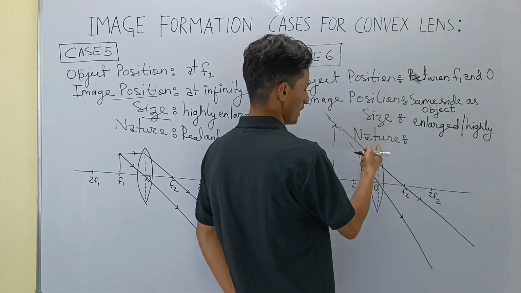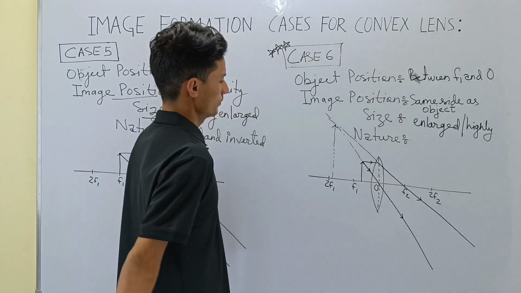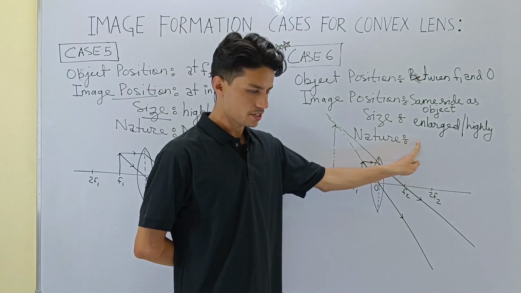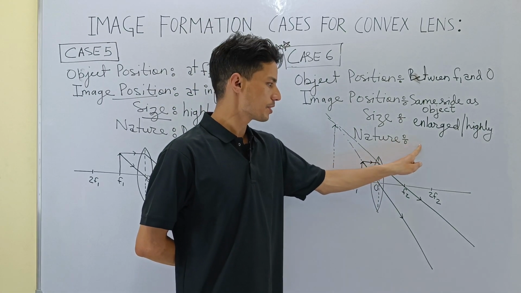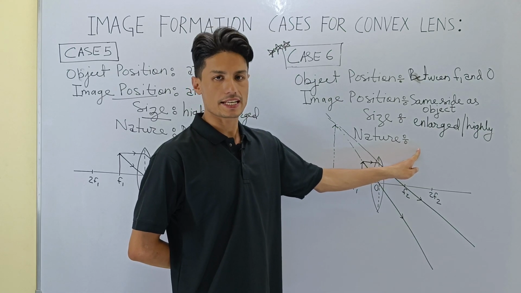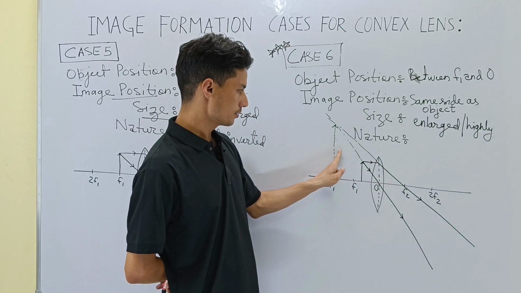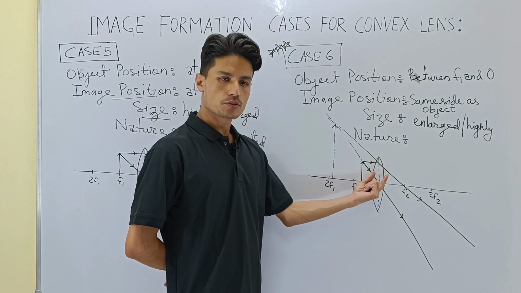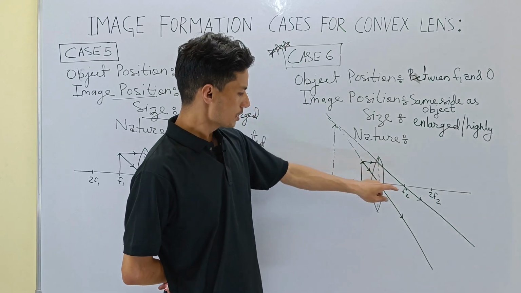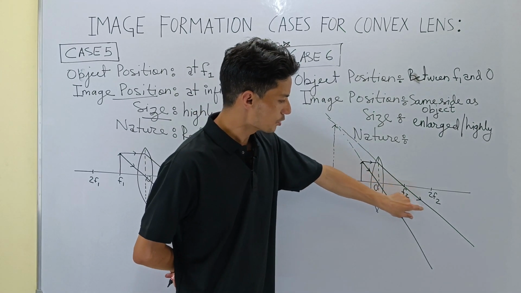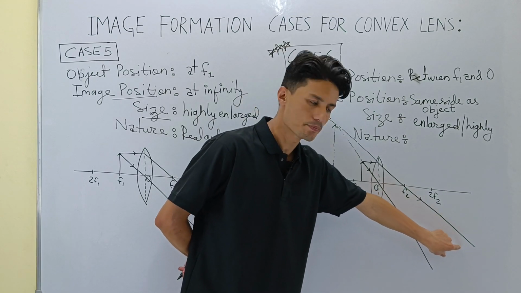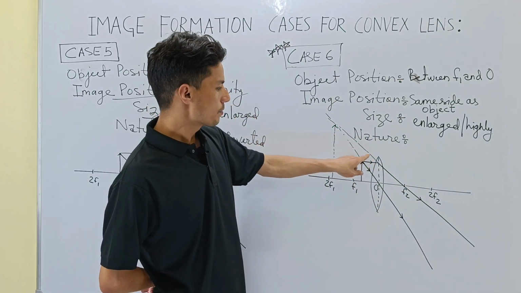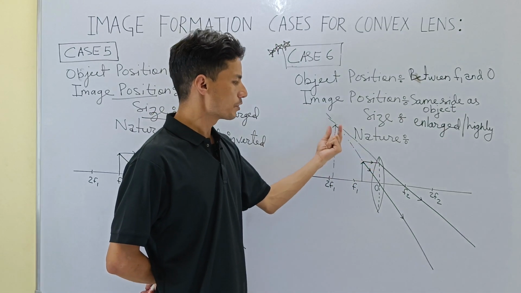Then nature. This is for the first time a virtual image, and remember class, virtual images are always erect. So virtual and erect. Do you know why it's virtual? It's virtual because the two refracted rays do not actually meet, but on backtracing, they appear to meet.